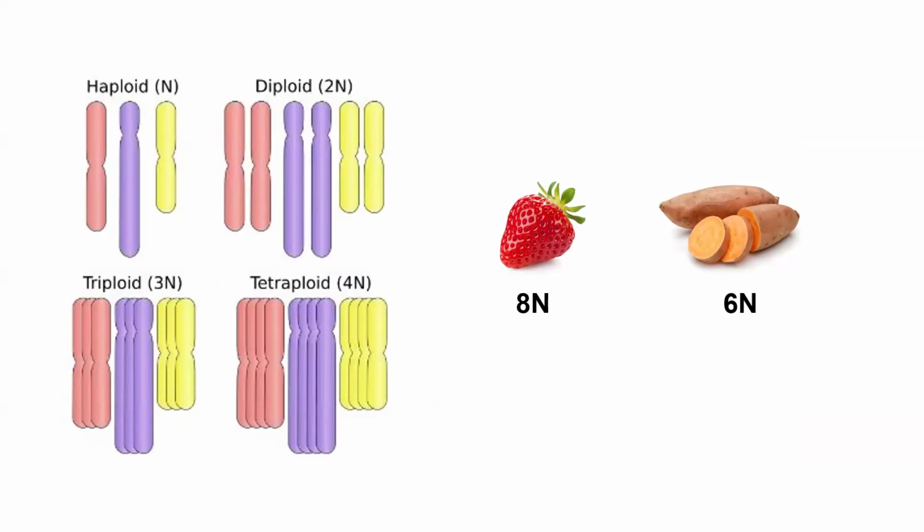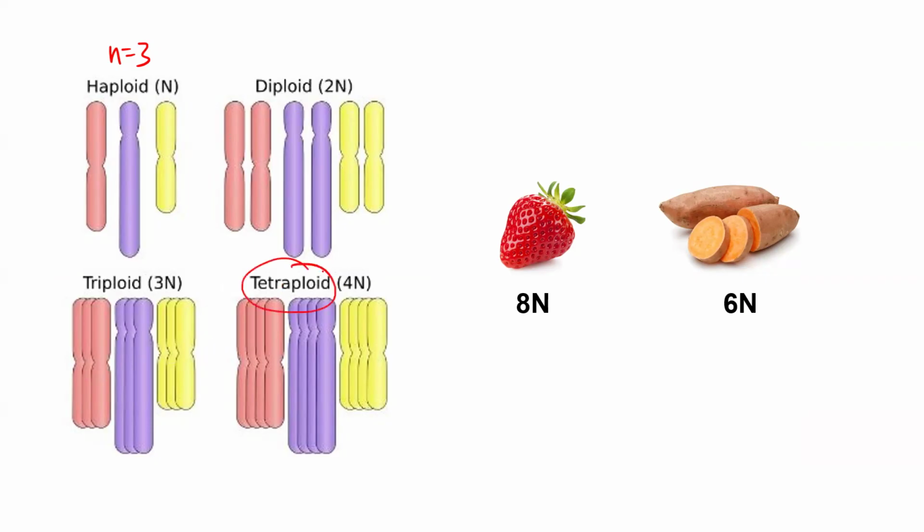Diploid is not the only possibility in nature. It's possible for things to have 3 sets of chromosomes, which we would call triploid. In this example, N equals 3. One set has 3 chromosomes. So 2N would have 6 chromosomes, 2 of each. 3N means you have 3 of each, so a total of 9 in this case.